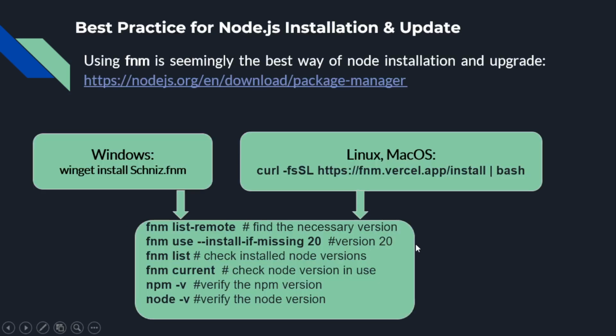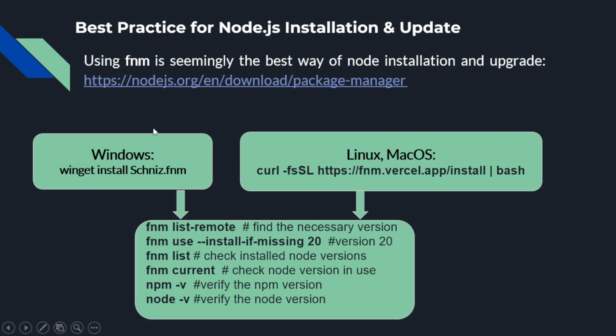Okay, but honestly, I understood for now that the best practice for Node.js installation and update is using FNM everywhere. And it's seemingly the best way of Node installation. Why? Because the algorithm is unified, and you perform essentially the same commands and use essentially the same tool named Fast Node Manager, FNM.